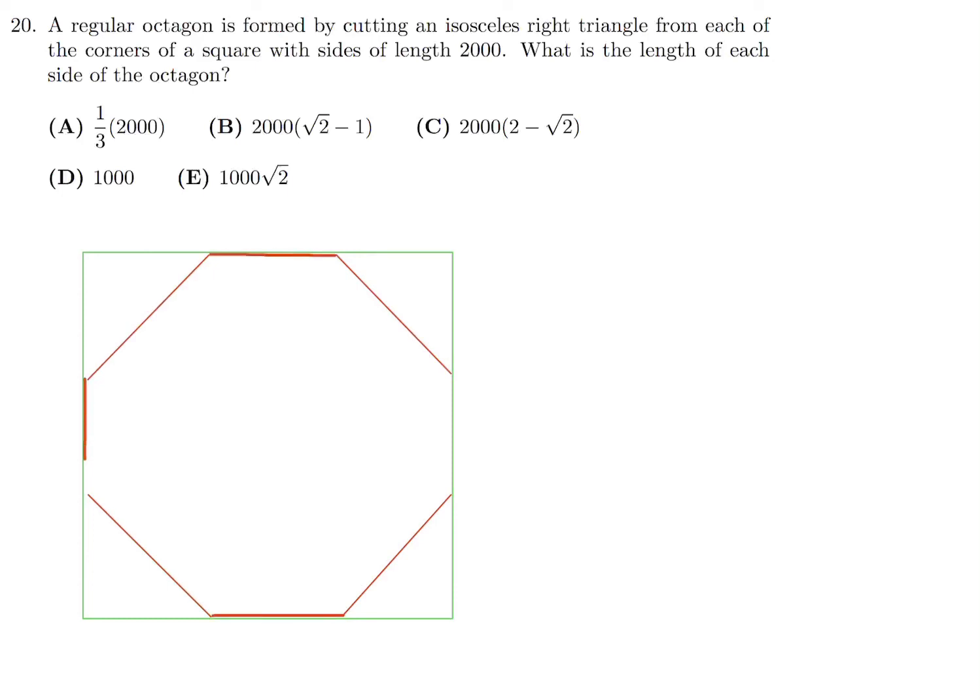All right? And what they want is you to figure out the length of each of those sides. So I'll call the length x. And all the sides are x, right? X, x, like that. And we are told anything? Length is 2,000. Okay, so this whole thing from here to here is 2,000.